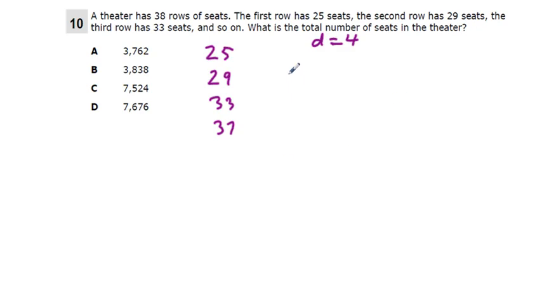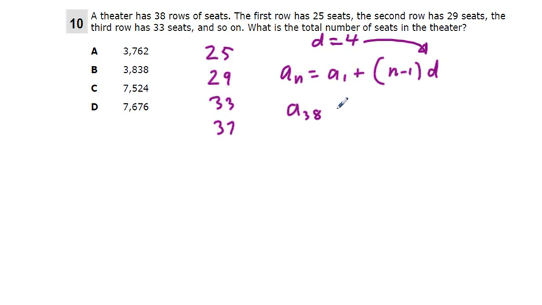So we want to find a sub n equals a sub 1 plus n minus 1 times d, and d is going to be our common difference, which we've already found is 4, right? So a sub 38, since we have 38 rows, is going to be equal to 25, and then we have 38 minus 1 times 4.